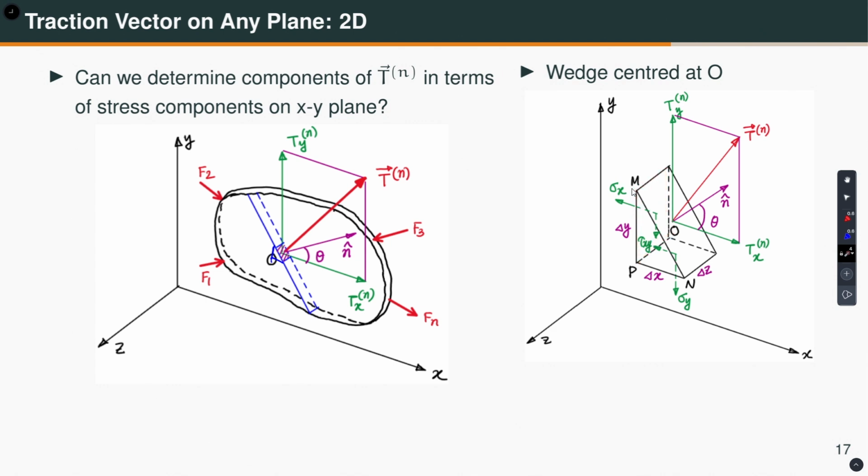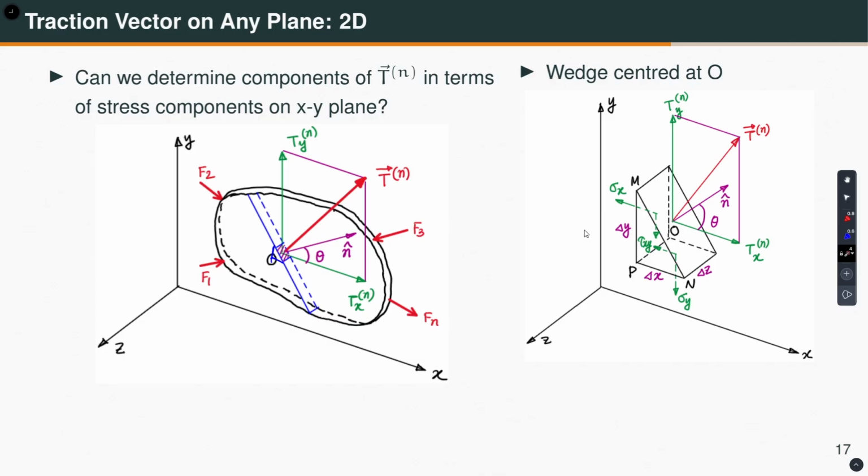This is a negative x face, right. So, this is the positive normal stress sigma x, it is in the negative x direction, and this will be the positive tau xy, it is going in the negative y direction because that is a negative face. So, on this face you will have sigma y similarly, and this will be tau xy or tau yx, they are identical.